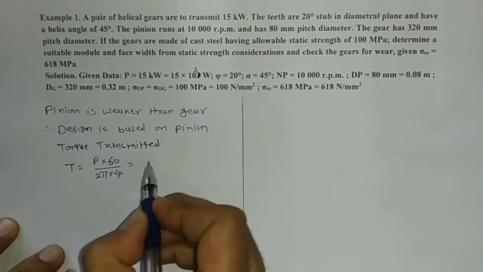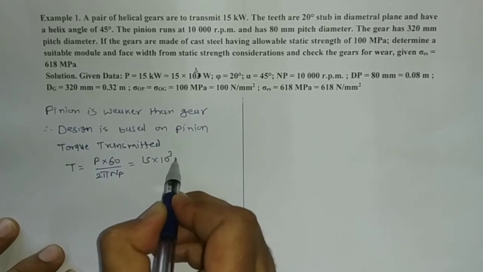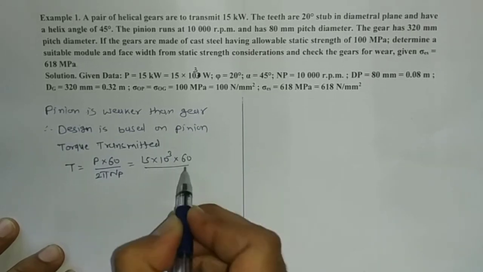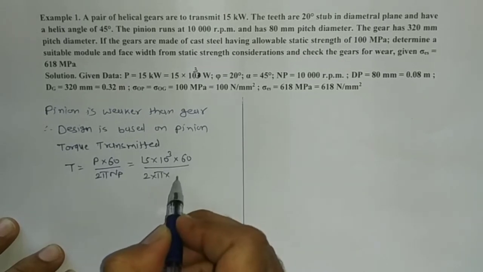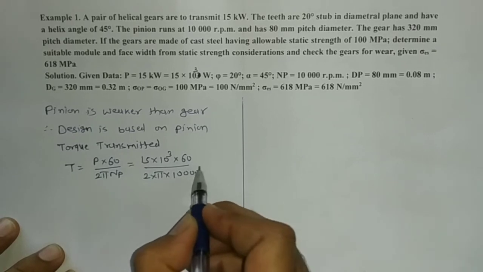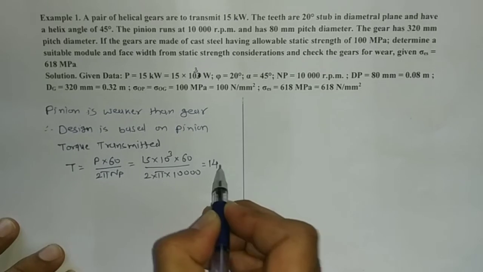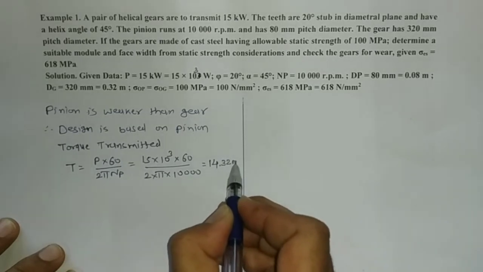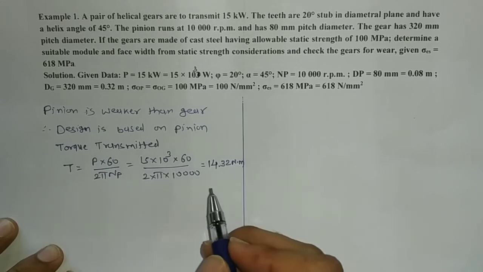Now put the value in this equation. Power P is equal to 15 into 10 raised to 3 into 60 divided by 2 pi NP, NP is equal to 10,000. So the torque transmitted is equal to 14.32 Newton meter.